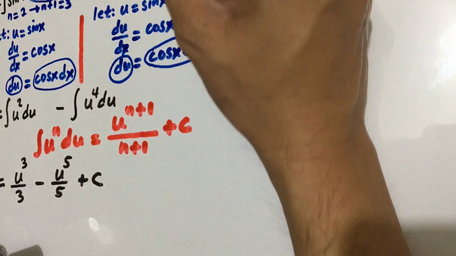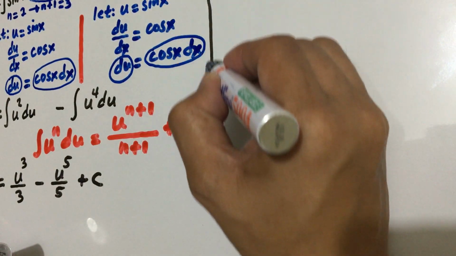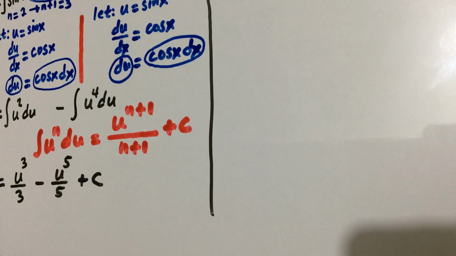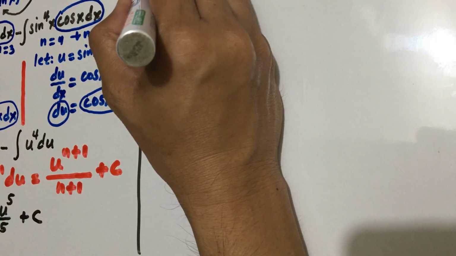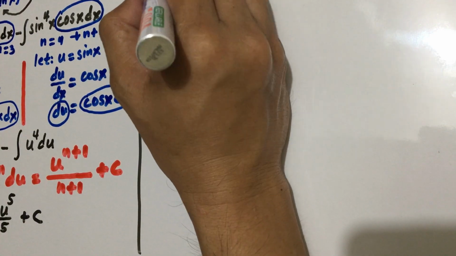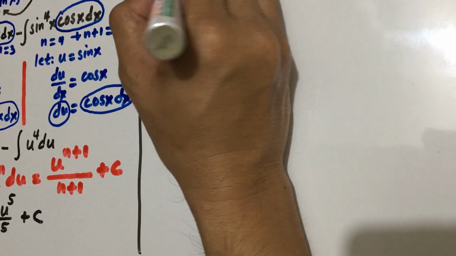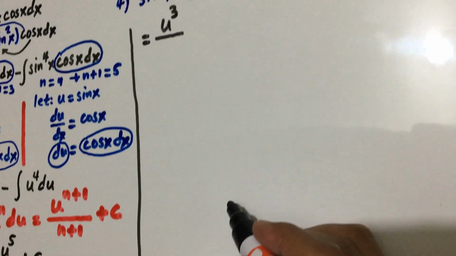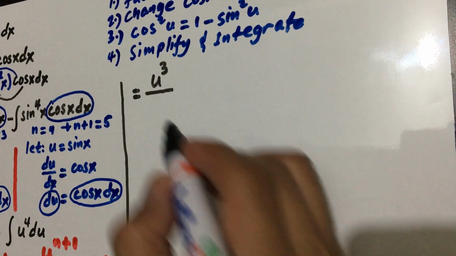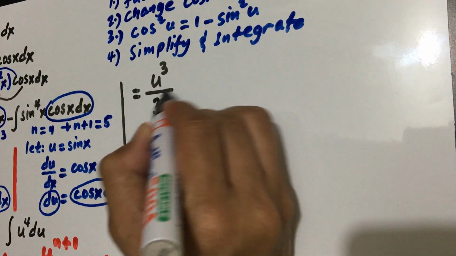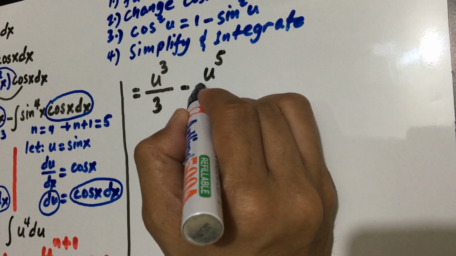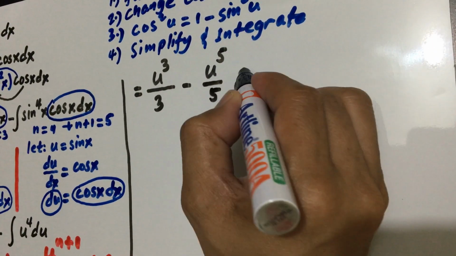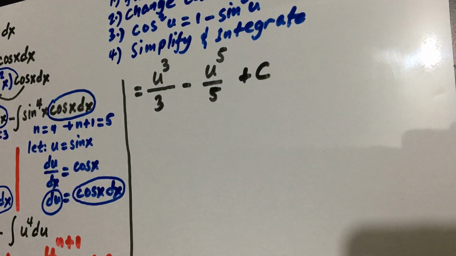I will continue it here, class, this part. Okay, so I will just rewrite this. We have the result here, which is u cubed divided by 3 minus u to the 5th power divided by 5, then plus c.